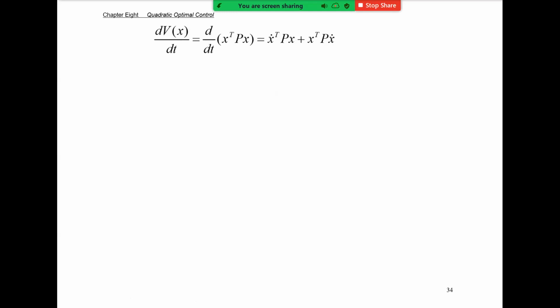This one is easier. We have done that in part 1. This is just the multiplication rule in calculus. You take the derivative one by one. Okay, put it in. We know the expression for x dot, so let's put it in. And then we will get this one.